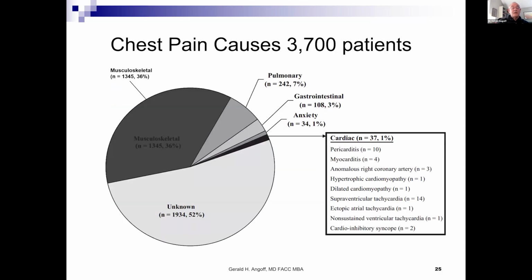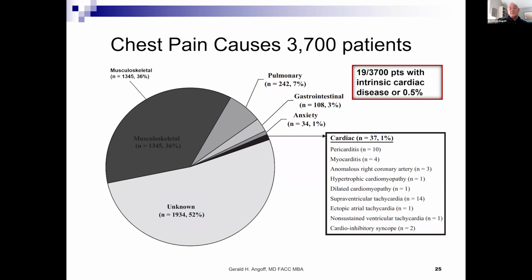Well, okay, if it's not cardiac, what's it likely to be? In this series, the most common cause was unknown. Most of the symptoms were not specifically diagnosed and resolved. Of those that were diagnosed or considered, the common causes were musculoskeletal, pulmonary, gastrointestinal, and anxiety. The box lists the cardiac conditions, that 1%.